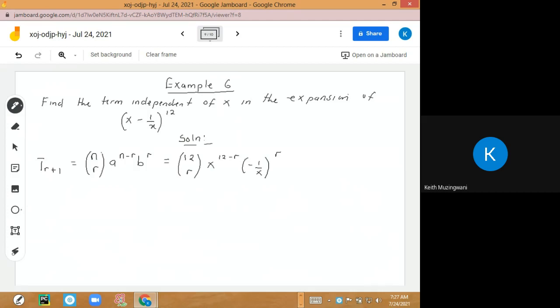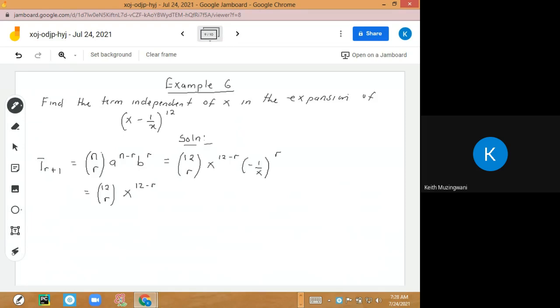Is that still okay? What we do next? Say, okay, this 12 is R. They are saying the term independent of x. That language there is asking for the constant term, the term that will not have x. That's what we mean by independent of x, meaning that term is without x. So put the powers of x together. So we have x to the power 12 minus r.